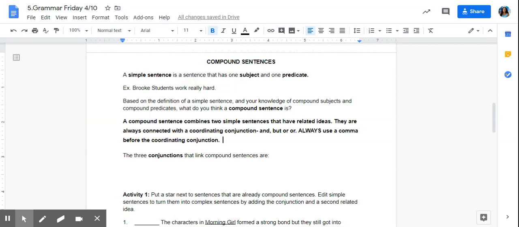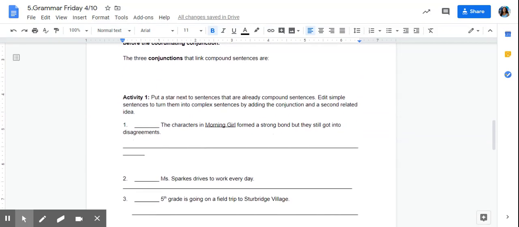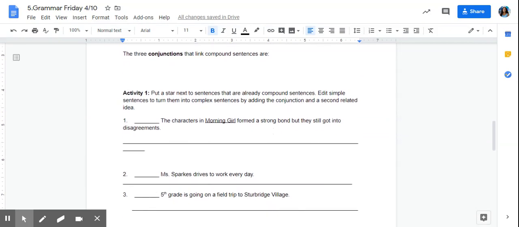They are always connected with a coordinating conjunction: and, but, or. Always use a comma before the coordinating conjunction. Again, the three conjunctions that link compound sentences are, let's see if you can remember.